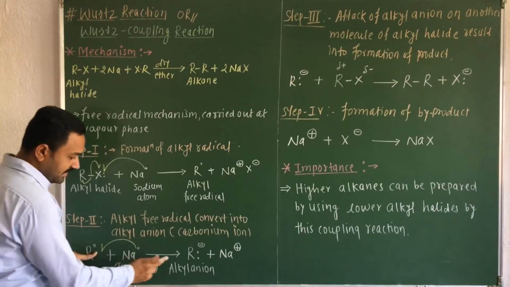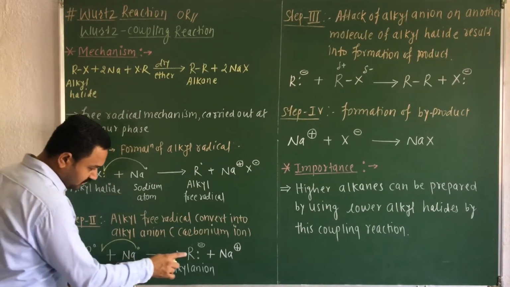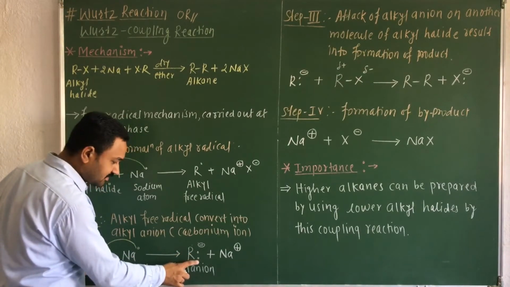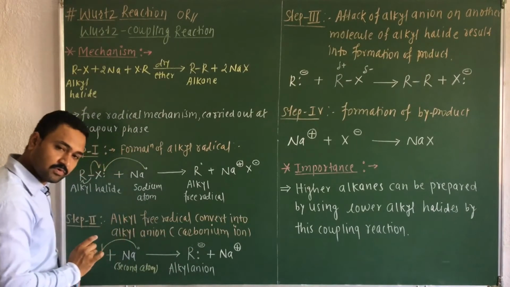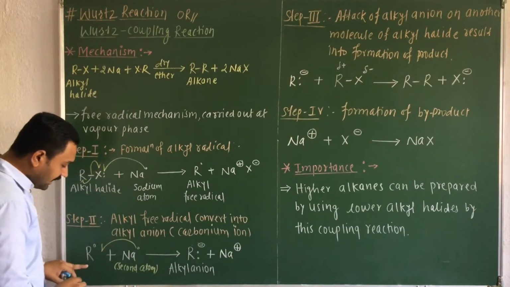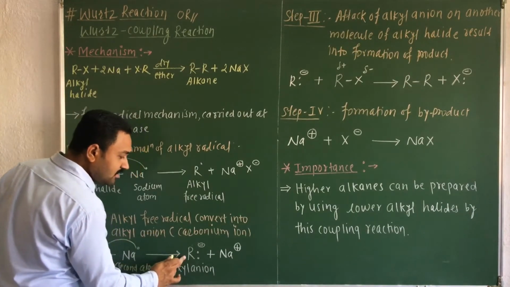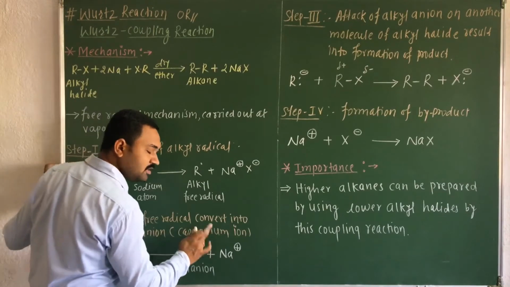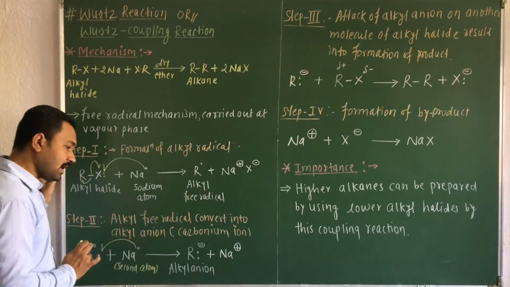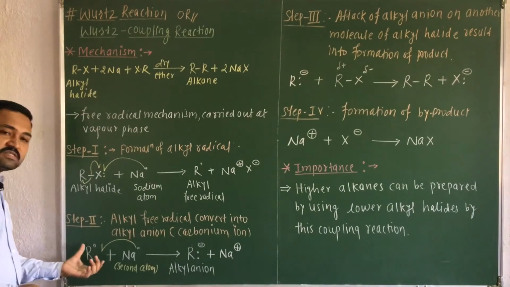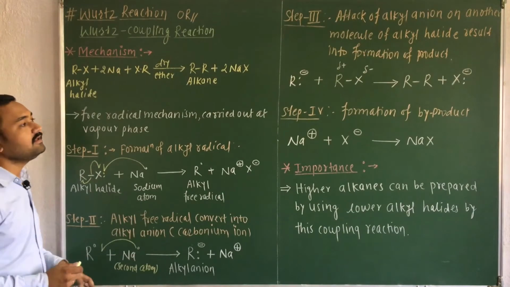As the alkyl radical already has one electron, it will now obtain the second electron, and the radical converts into an ion. So this alkyl radical is converted into the alkyl anion, plus again you obtain the sodium ion. So this happens in step number two: the alkyl free radical converts into the alkyl anion.